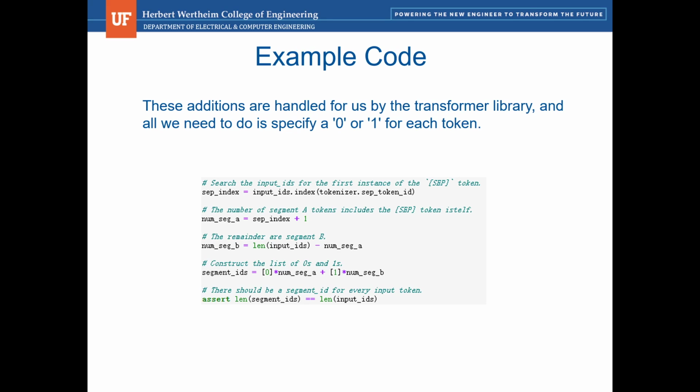These additions are handled for us by the transformer library, and all we need to do is specify 0 or 1 for each token. This is also part of the programming.